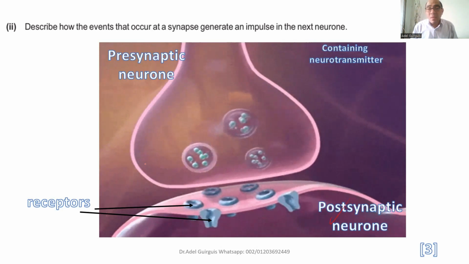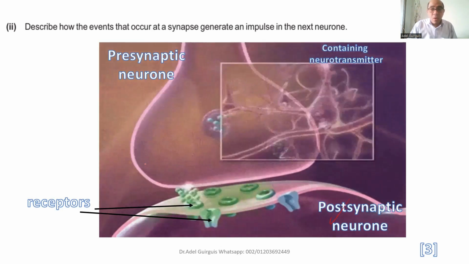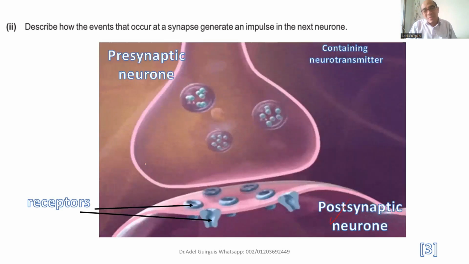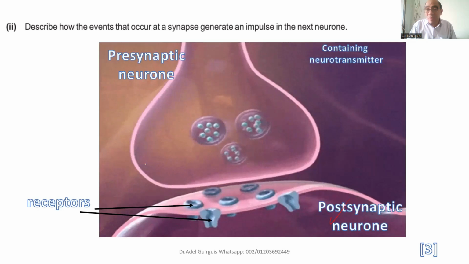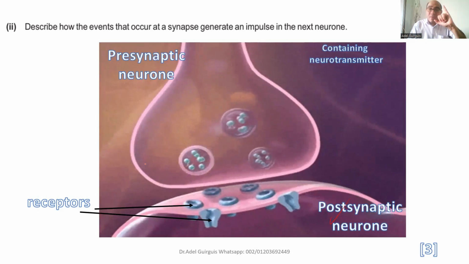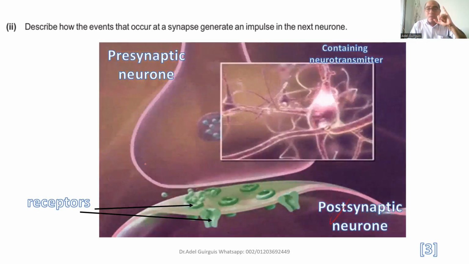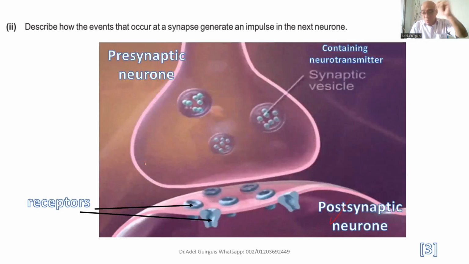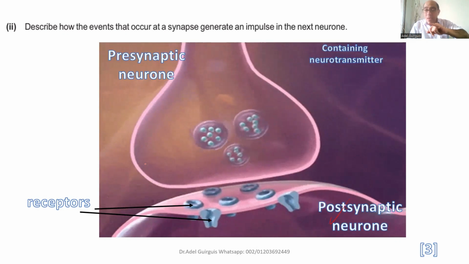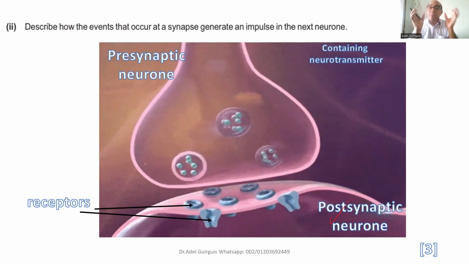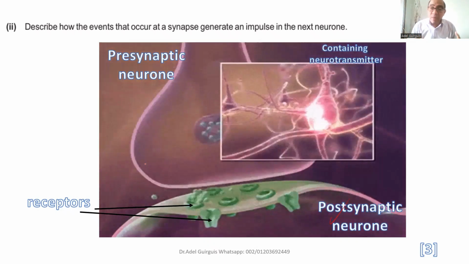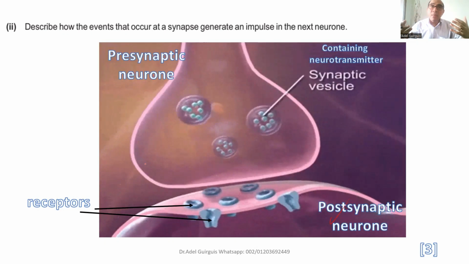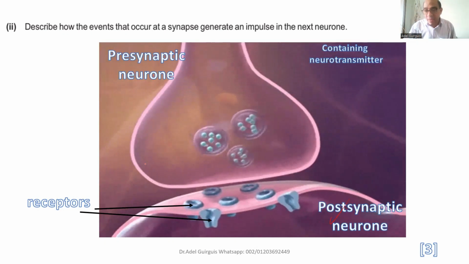All of these key terms must be included in your answer to bring full marks: presynaptic neuron, postsynaptic neuron, vesicles containing neurotransmitter. The postsynaptic neuron contains receptors to receive the neurotransmitter and open to trigger a nerve impulse in the next neuron.